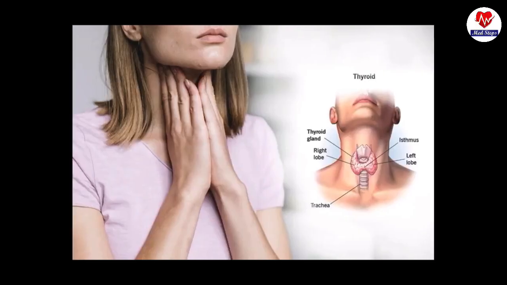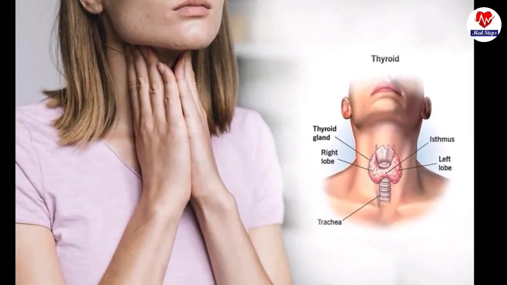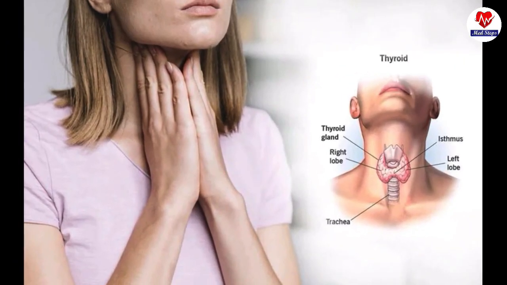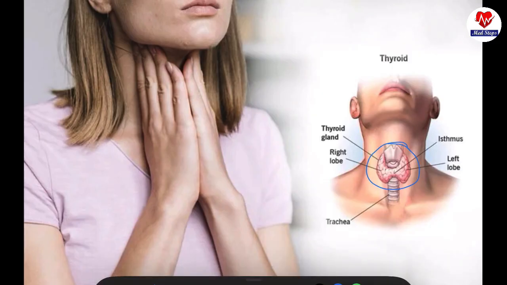So what is the thyroid gland? If you are seeing here, this is the largest endocrine gland in the human body and it's located in the anterior neck. It produces three important hormones: T3, also known as triiodothyronine, T4, which we call thyroxine, and calcitonin.